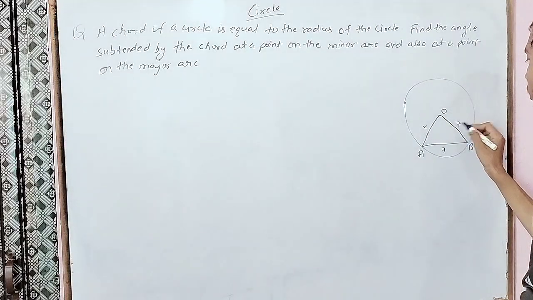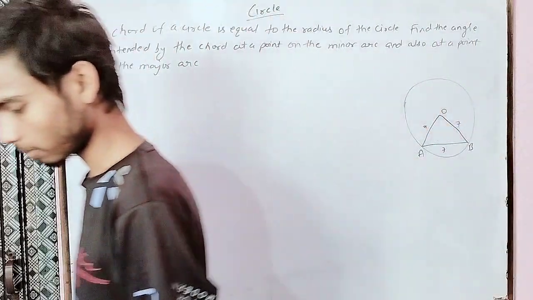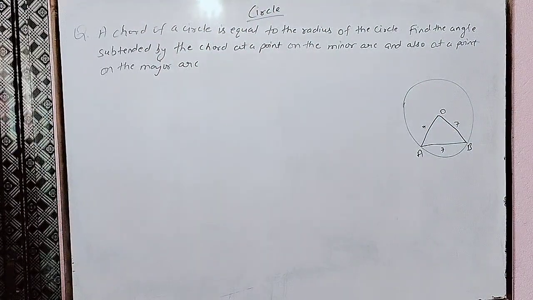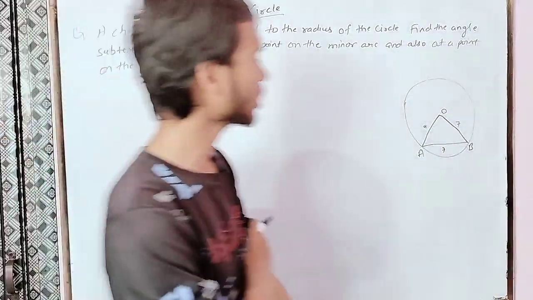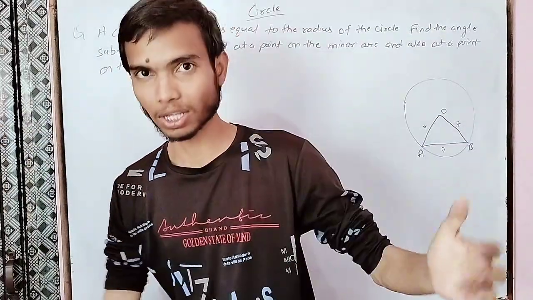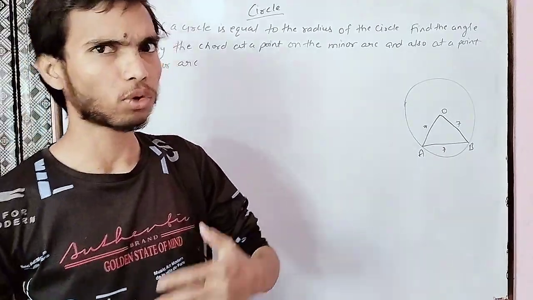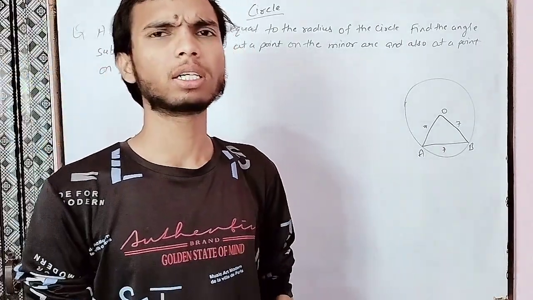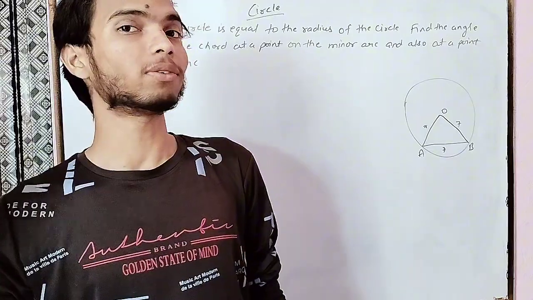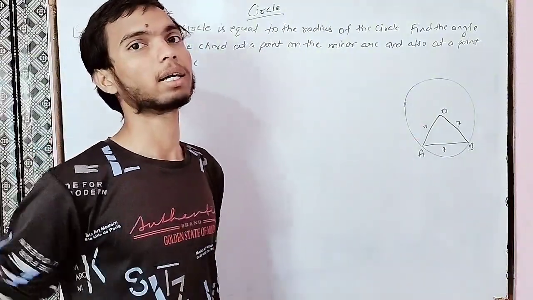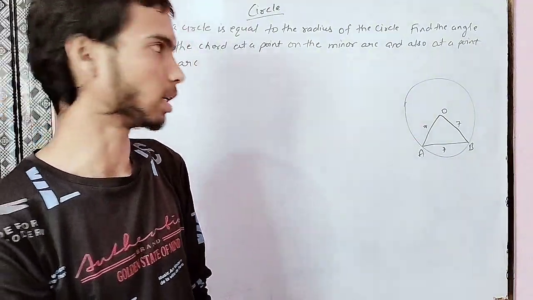Now here you can say there is a twist. What is the twist? If all sides of a triangle are equal to each other in measure, then we can name that triangle equilateral.